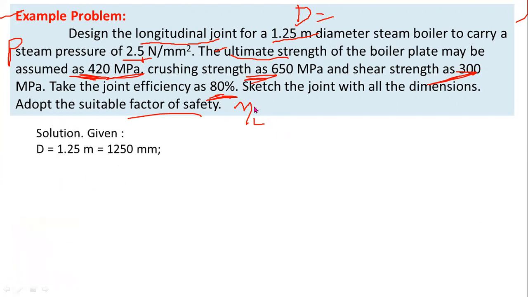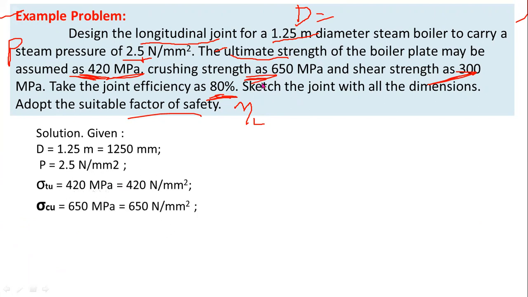From the given question, the diameter of the boiler D equal to 1.25 meters, that is 1250 mm, and the inside pressure P equal to 2.5 Newton per mm square. Ultimate tensile stress, that means maximum tensile stress, equal to 420, maximum crushing strength equal to 650, and maximum shear stress equal to 300.